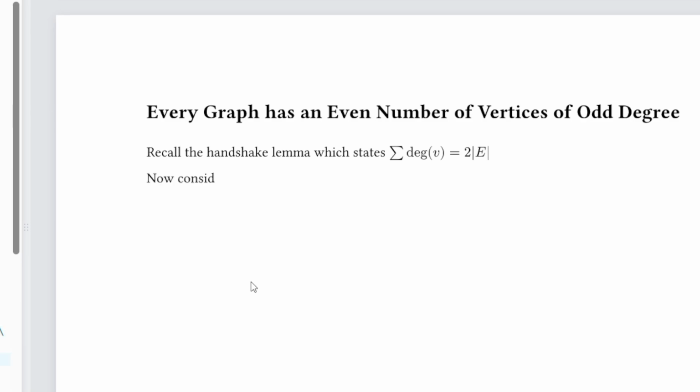And now consider the Handshake Lemma mod 2. I mean, perhaps first we should say let G equals (V, E), so the vertex set is V and the edge set is E, be a graph.